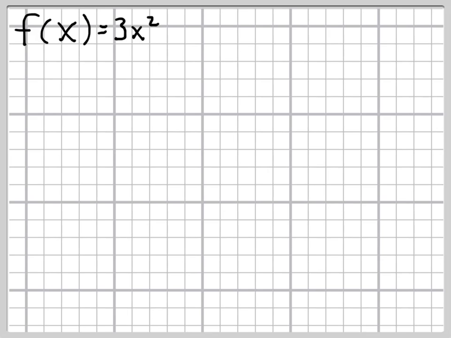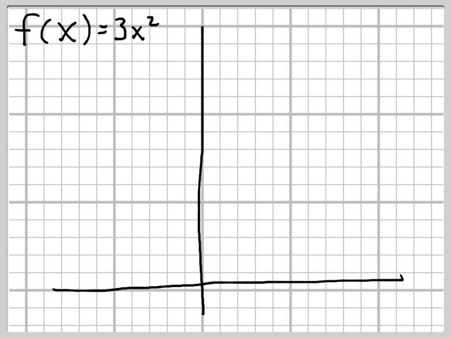Well, what is this going to do? Again, there's my y-axis, there's my x-axis. That was a horrible x-axis, let's do that again. So see if you can justify what this does. What does this 3 do? Let's start with, is there any vertical shift? No. Is there any horizontal shift? No. So this vertex should be right there at 0, 0.